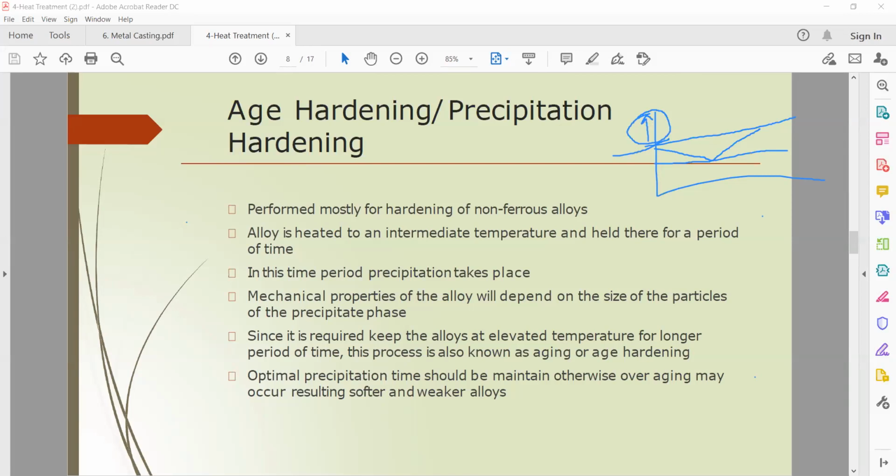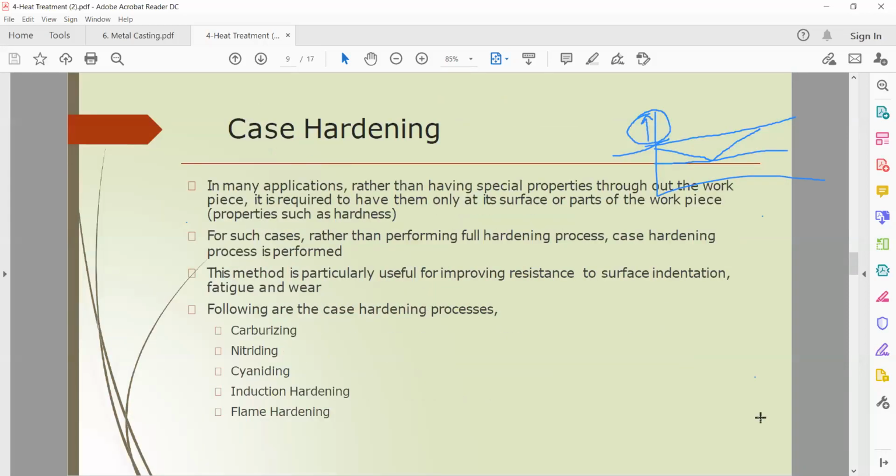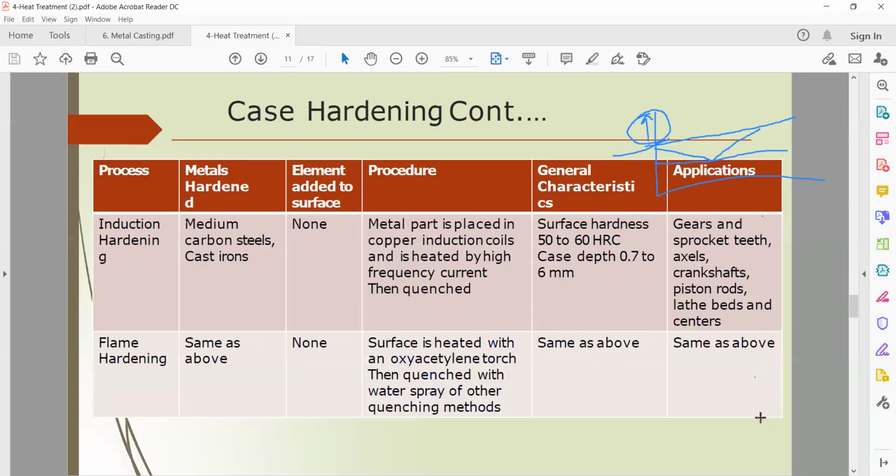There are specific cooling media separately for two methods, edge hardening and case hardening. See here, in the case of the case hardening process, if you are doing flame hardening, then you have to use a water medium.